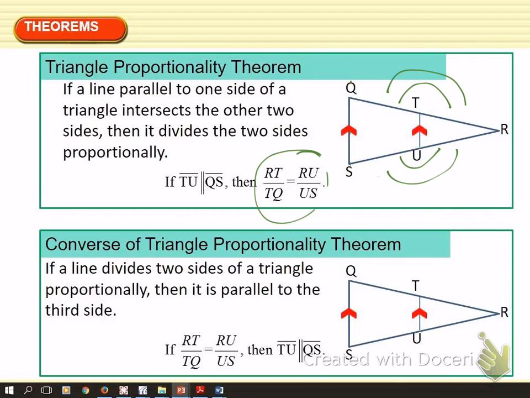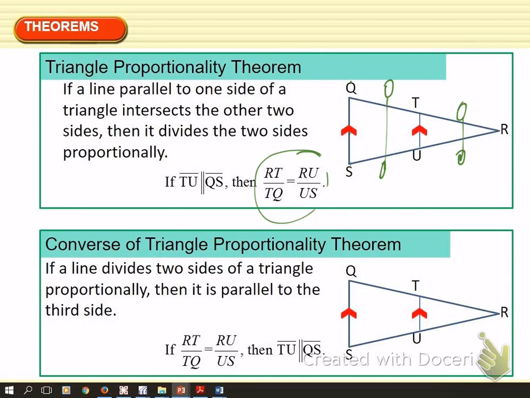Get two ratios that we can set equal to each other and still be okay. So QT to TR is equal to SU to UR. We can go top to bottom. We can go RT to RU, QT to SU, and so on and so forth. So there are some other ways of arranging this proportion.